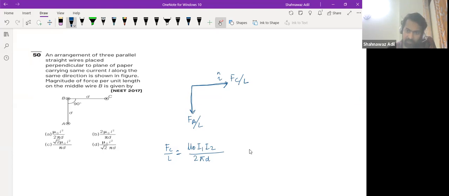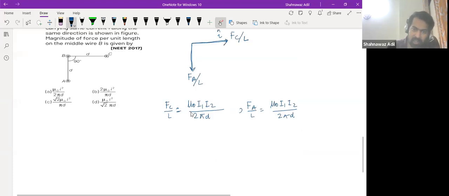So FA by L is again mu naught I1 I2 divided by 2 pi d, in this direction. And we know that these are perpendicular, so the net would be in this direction.